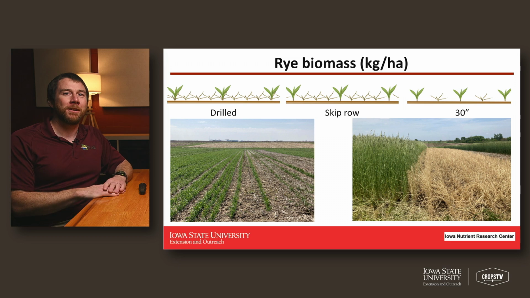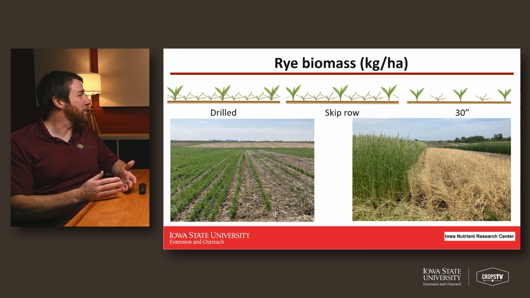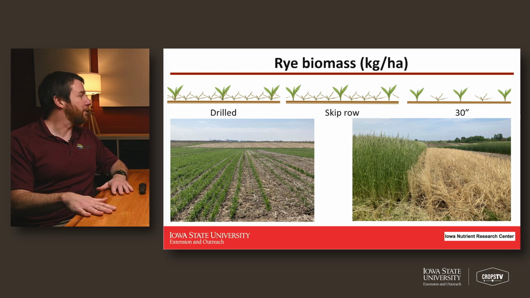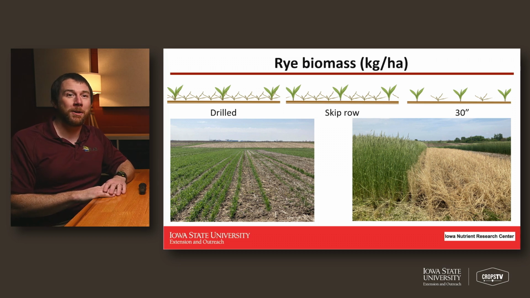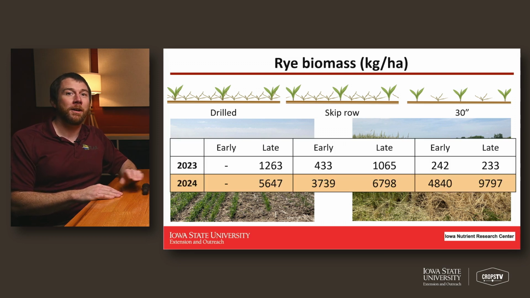But then on the right, you see from 2024, a massive, massive amount of biomass. This is almost what I think farmers would be concerned about with putting cover crops on the field: what if it gets away from me this way, and I have rye biomass that's taller than I am when I walk through the field. So those are our two conditions that we have to deal with.